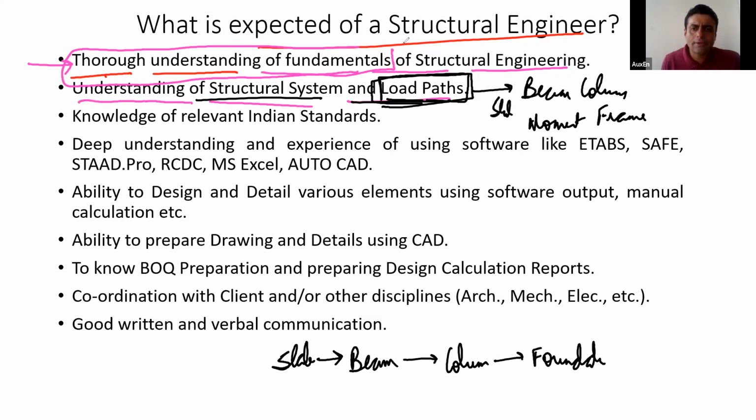So this is the load path. It's very important that you understand the load path, and then in accordance with the load path, you design your element. So each element has to be designed as per its load path, and for the correct estimation of loads, that how much load will act on the slab, from slab how much load will be transferred to the beam, and so on, it's important that the load path is well understood.